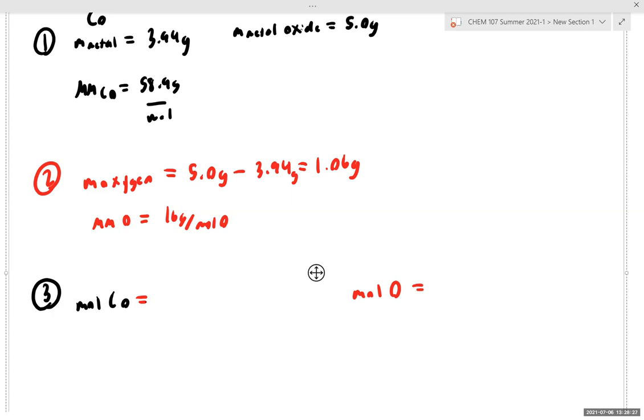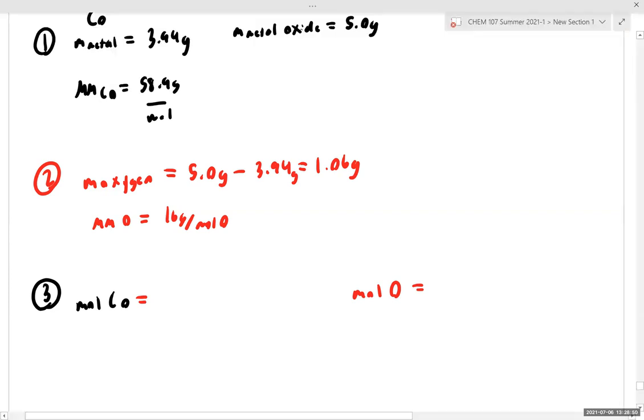So we know the mass of cobalt and we know the molar mass. So how many moles of cobalt do we have? We know we have 3.94 grams over the molar mass. The molar mass is 58.9 grams per mole.